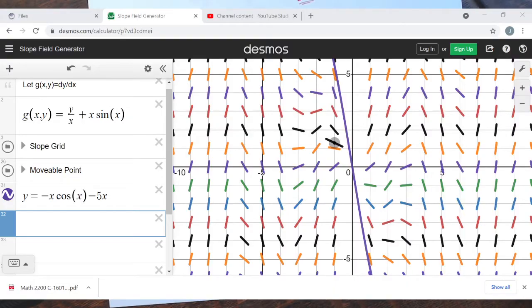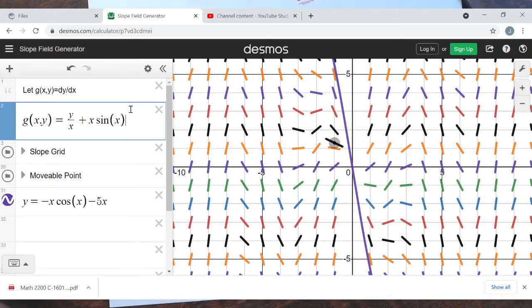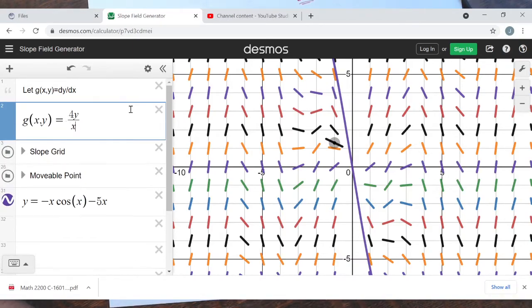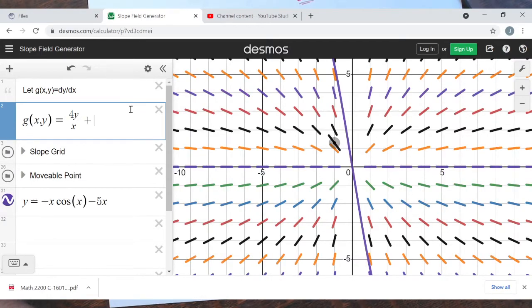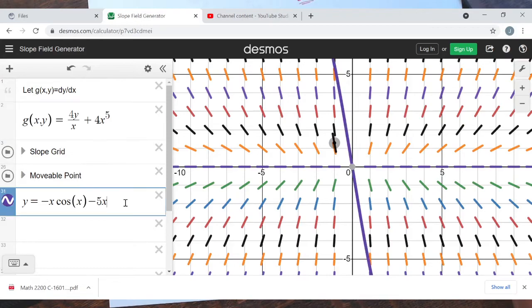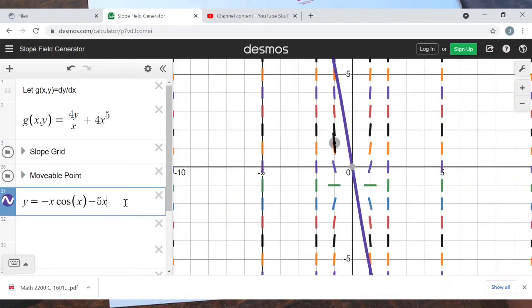So if I graph that, I'll put up the slope field here. So 4y over x plus 4x to the fifth. And then for my solution, the solution here, that's a pretty crazy slope field there.